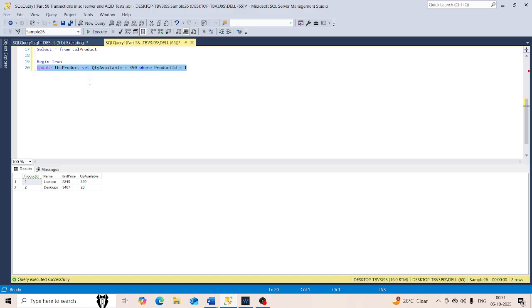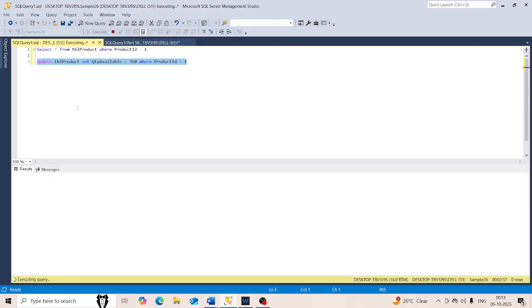That is why this user is not able to access that record. Now, if this user were able to access that record with product ID equal to 1, then you might see uncommitted data.